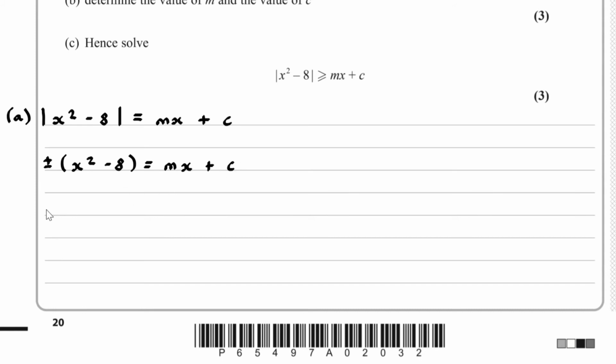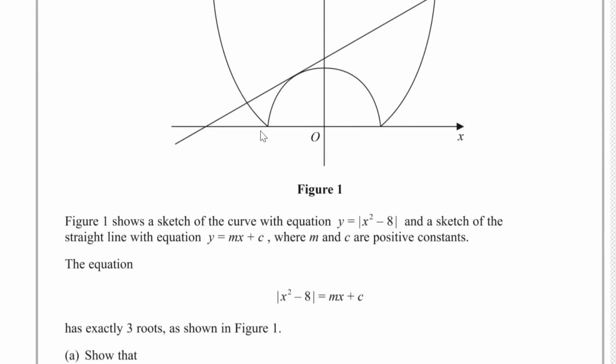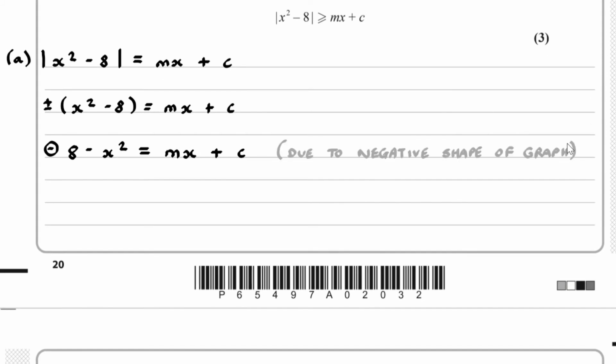And what we need to do here is consider the negative solution only. That's to say we've got 8 minus x squared equals mx plus c. And the reason for this is because of the shape of the graph. So let's write this down. We've got the negative shape of the graph, which is why we've got this negative only being considered.